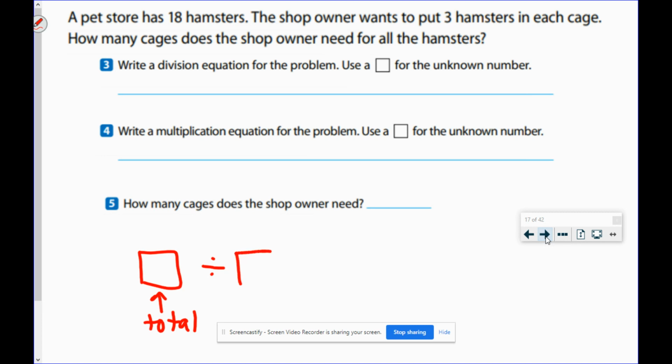The first number in a division sentence is your total. The second number is the number of groups, is usually what we say. And the last number, your quotient, is most of the time telling you how many in each group.